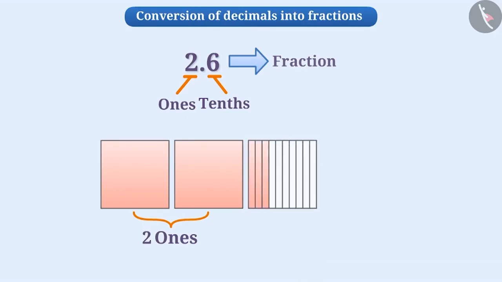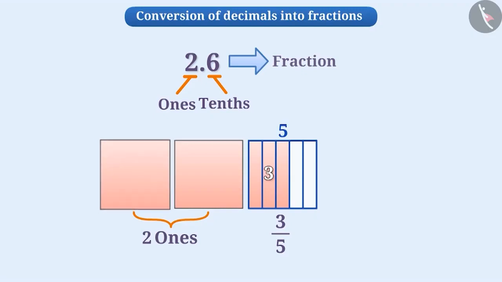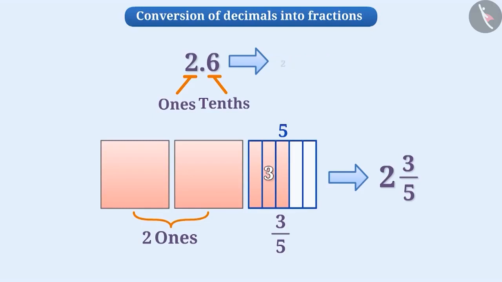In this square, if we combine 2 parts and make 1 part of it, then we will get a total of 5 parts, out of which 3 parts are shaded. This will be represented in the fraction as 3/5. Therefore, 2 complete wholes and 3/5 fraction are together represented as 2 3/5. That is why 2.6 will be represented in the fraction as 2 3/5.